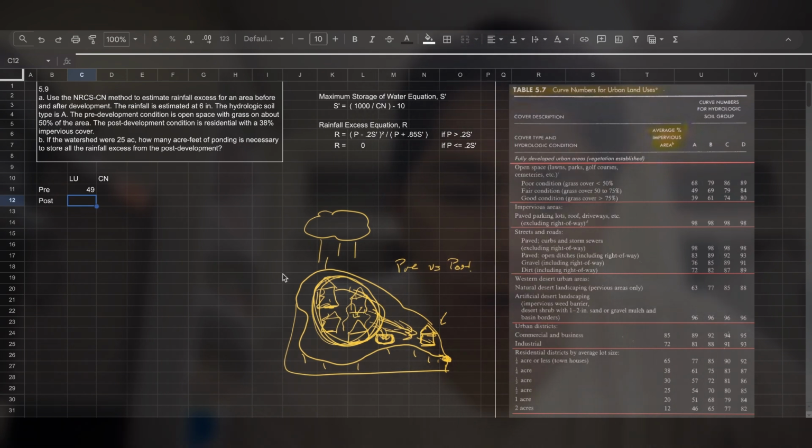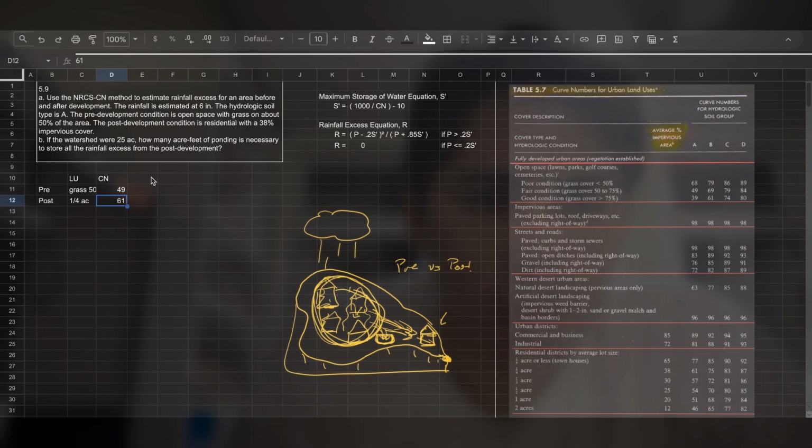So I use the value of 61. We have now, sorry, these values here go right here. This is the land use given to us, grass 50%, and this we're gonna use 1/4 acres.